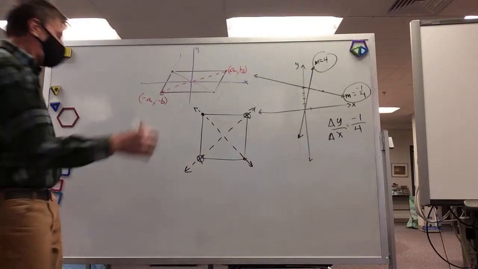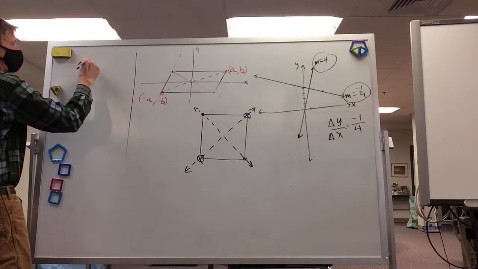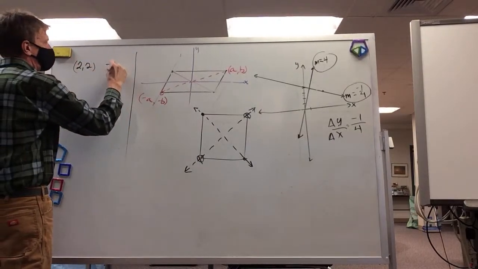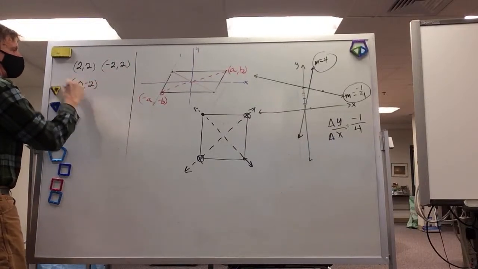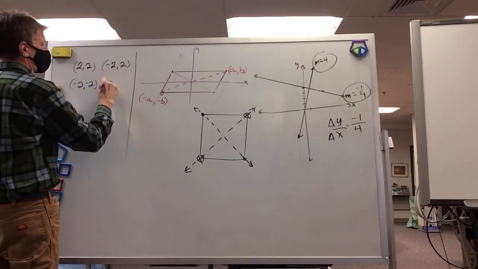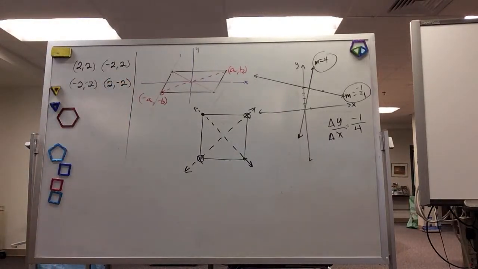So if I was to give you these points, (2, 2), (-2, 2), (-2, -2), and (2, -2). Can you prove that those 4 points make up the vertices of a square?